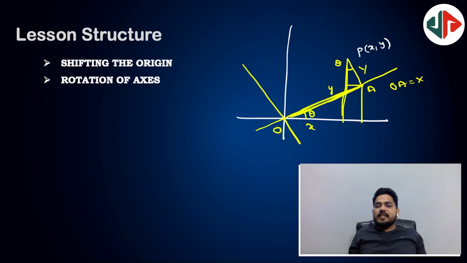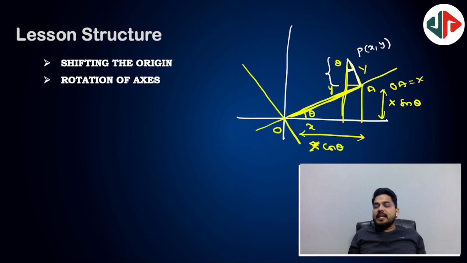If this length is capital X, this value will be capital X cos theta, and this length will be equal to capital X sin theta. And this is capital Y. This angle is also theta.